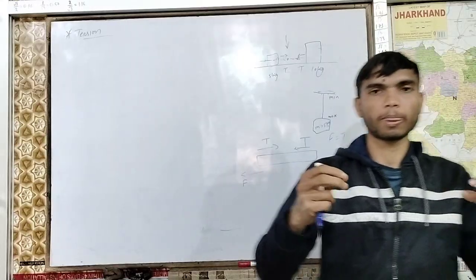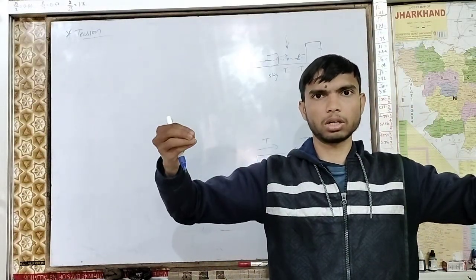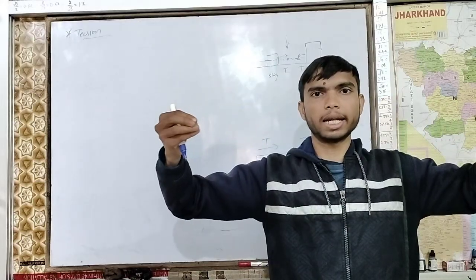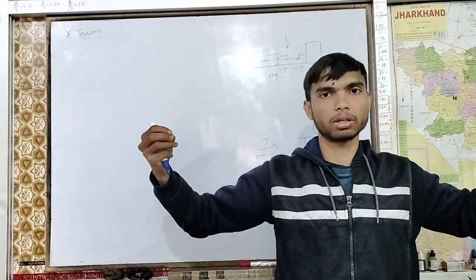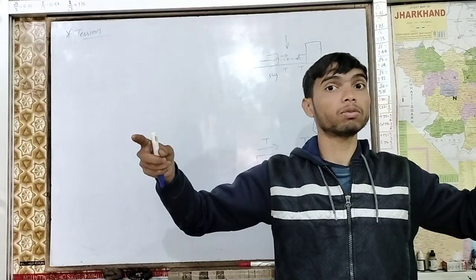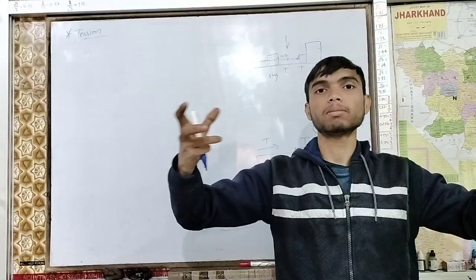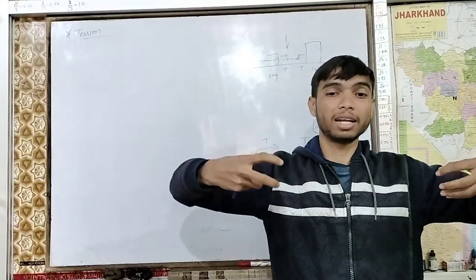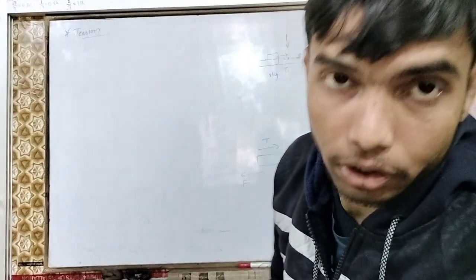We have a string, and we are just pulling the string, like this. What will happen? The length will increase. The amount of force is the same, but the direction is the same, and the result will be what? The length will increase when an external force is applied.